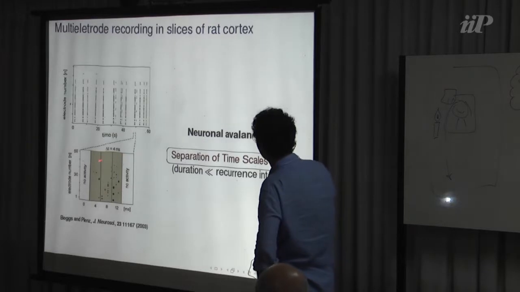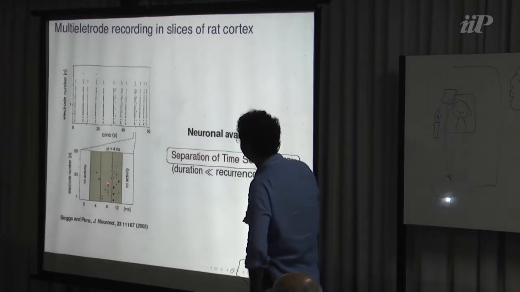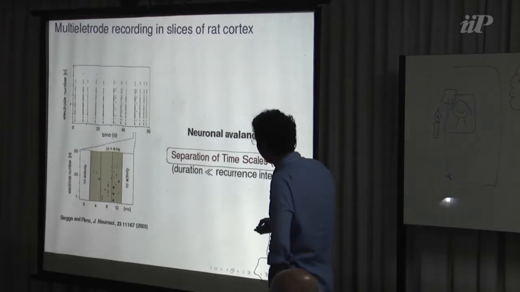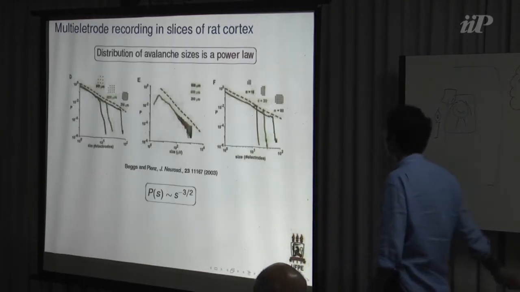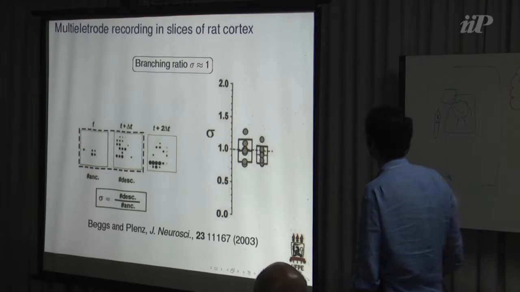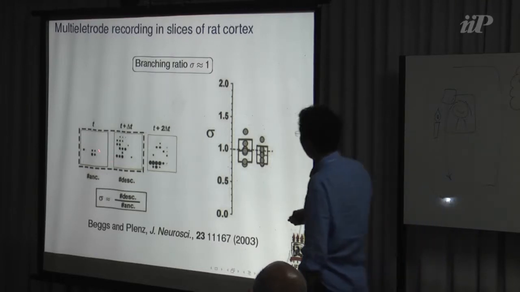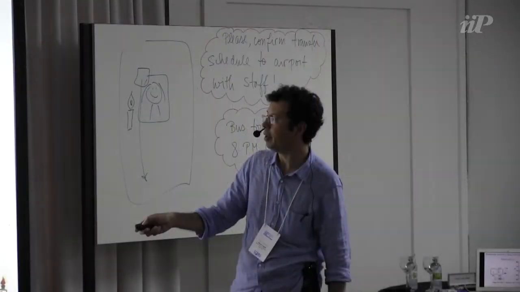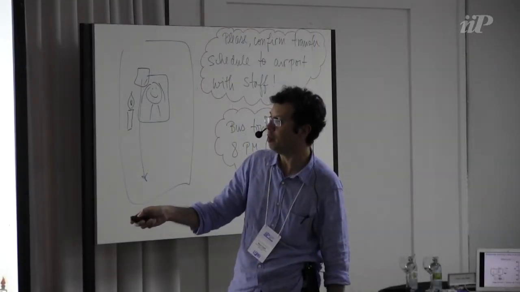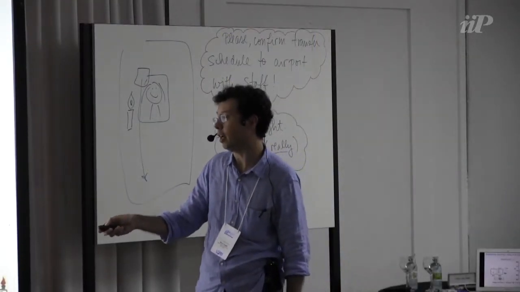This kind of activity, which is not exactly a wave, it's not exactly synchronous, it's something else. It's an avalanche. So one of the parameters you can use to characterize this is the branching ratio. Essentially, once you have binned the data, you see how many electrodes are active at frame t, and then at t plus delta t, the next frame.